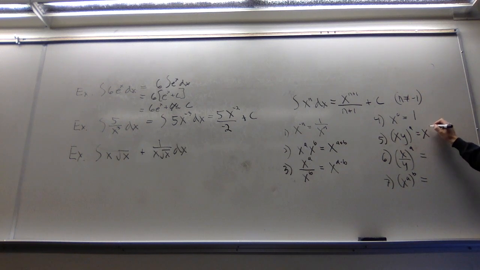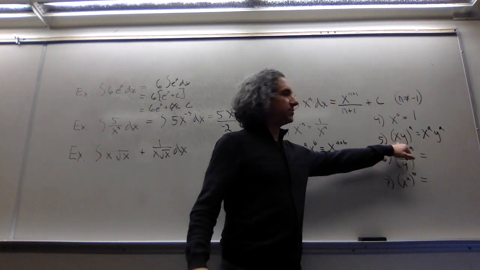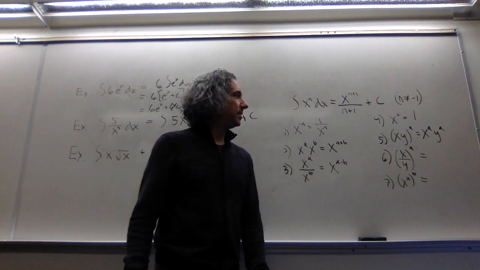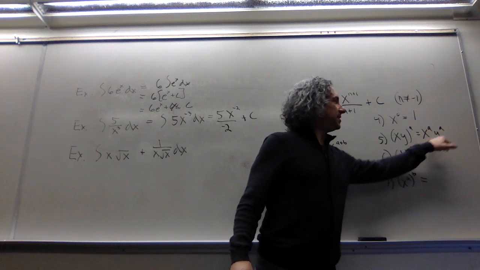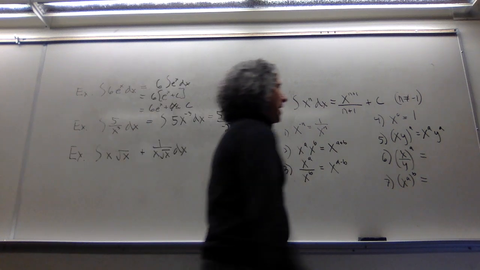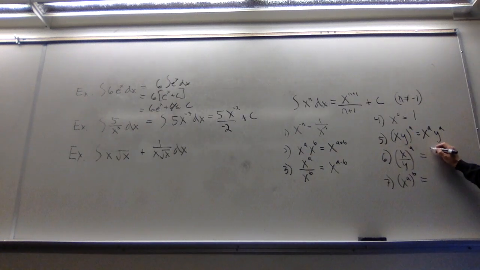Xy to the a is x to the a times y to the a. The reason why that's true is this is really xy. You've got a of them. In other words, you've got a of the x's and a of the y's. Analogous to this property is that x over y to the a is x to the a divided by y to the a.